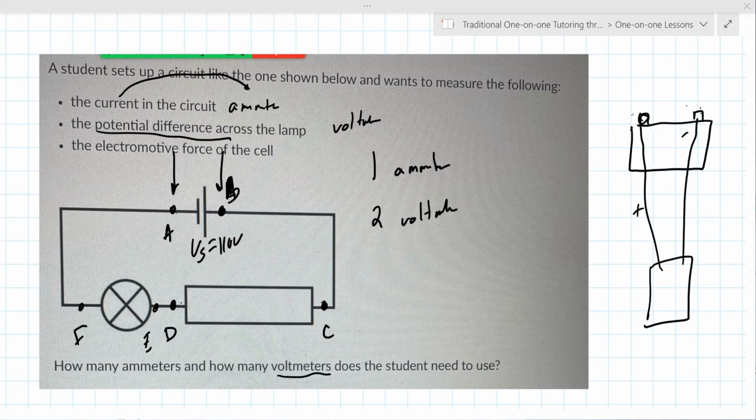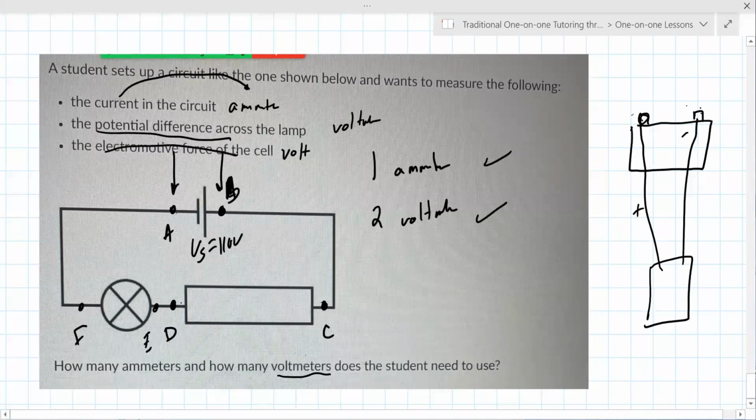So electromotive force is a volt, so this is also a voltmeter. So yeah, that seems to be consistent with what we just said. So it's almost as much about the words as it is the circuit to be able to do this.